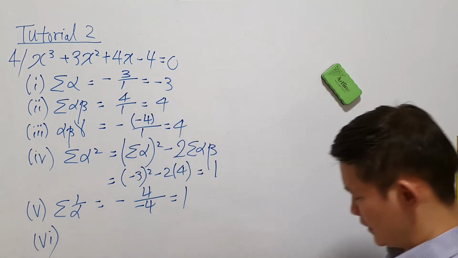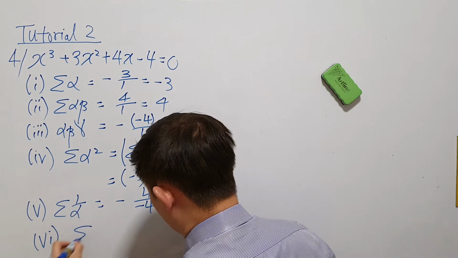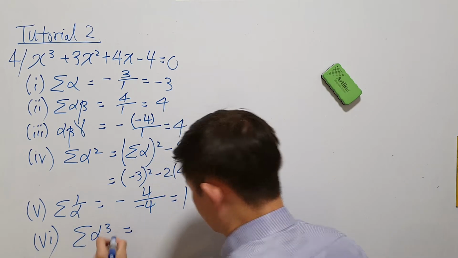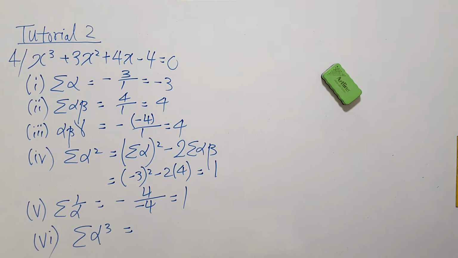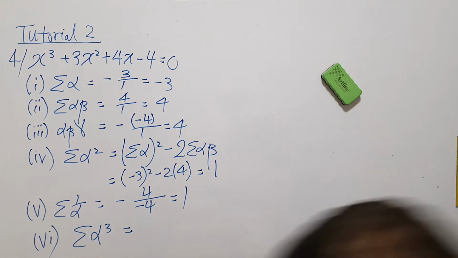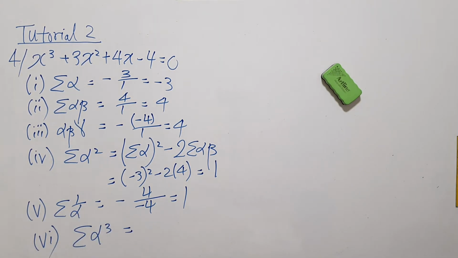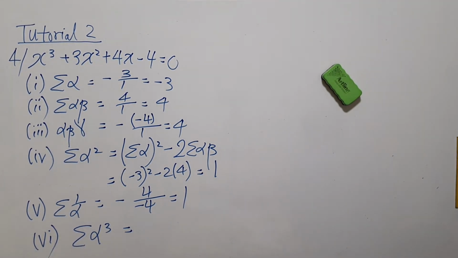Okay, let me pause for you to think, how would you do part 6? Summation of alpha cube. To do summation of alpha cube, you want to know that, remember there was a similar example in the notes.